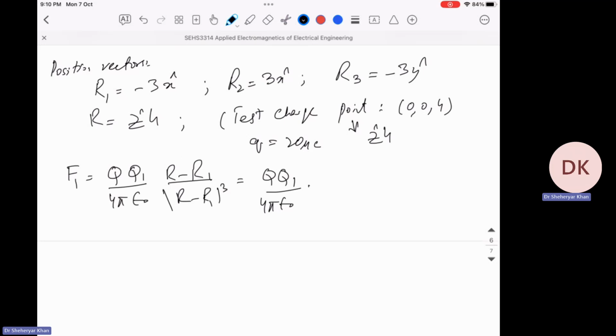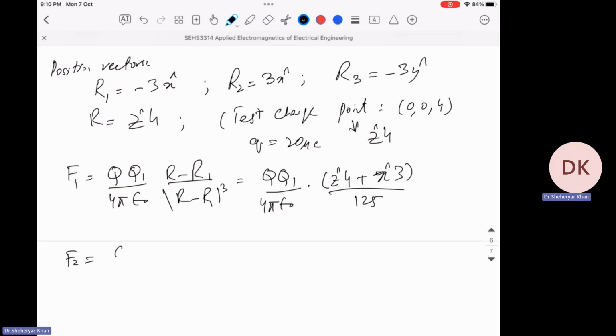R minus R1 is, so you solve like this, z4 minus 3x.